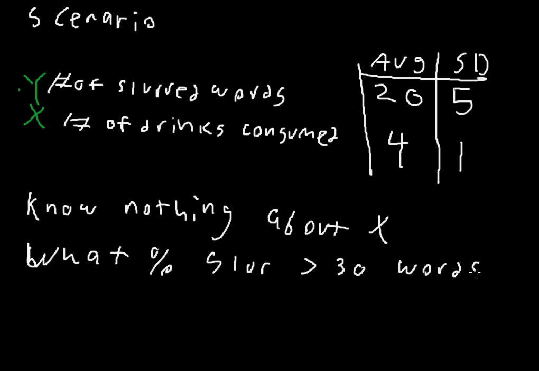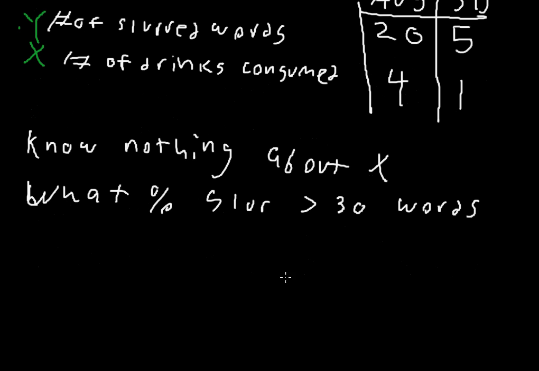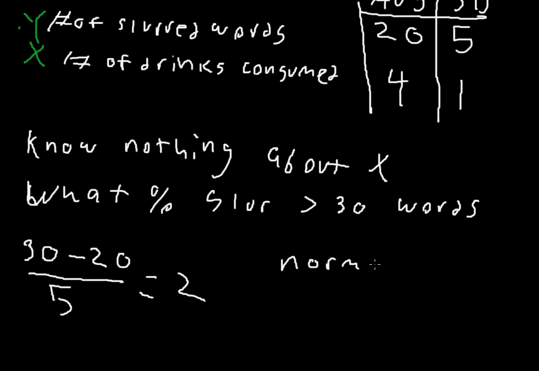We don't even have to worry about regression or RMSE yet. We just say in z-scores, 30 minus the mean 20 divided by the standard deviation 5 is 2. Then we use the normal table, and we see that the answer is 2.5%.